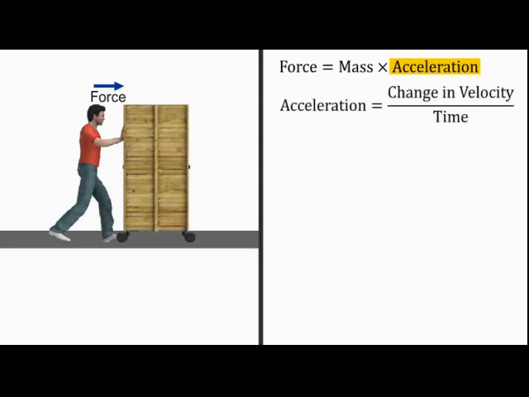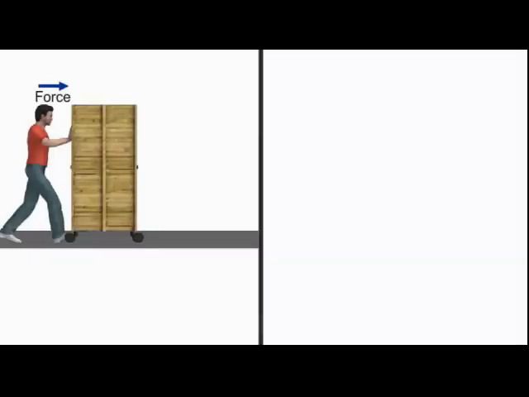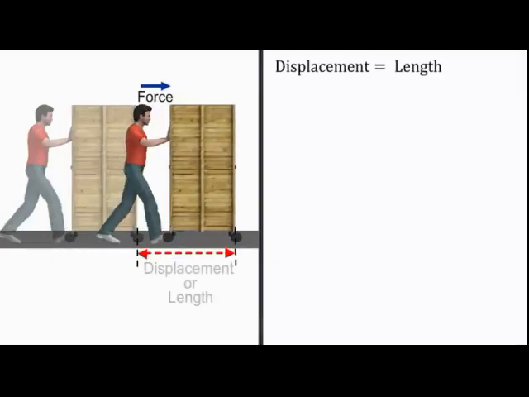Velocity, which is also a derived quantity, is the ratio of displacement to time. Displacement, in basic terms, is length. Thus, velocity can be expressed as the ratio of length to time.